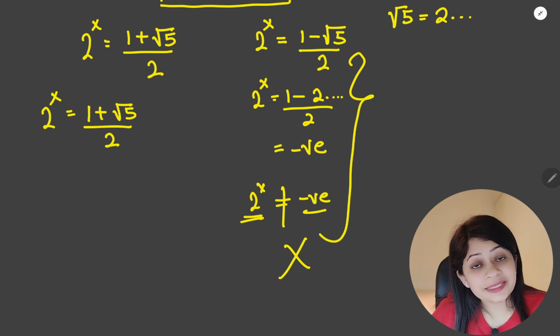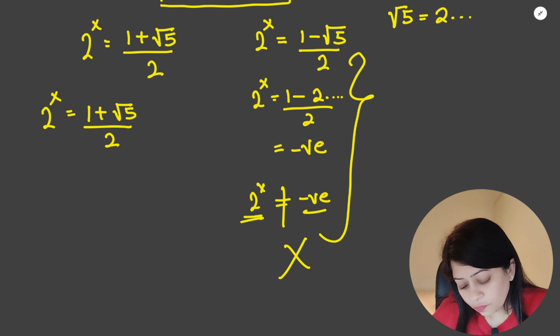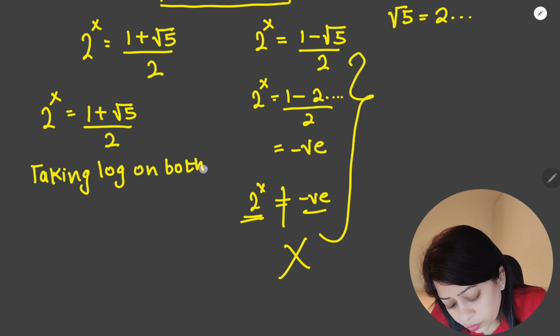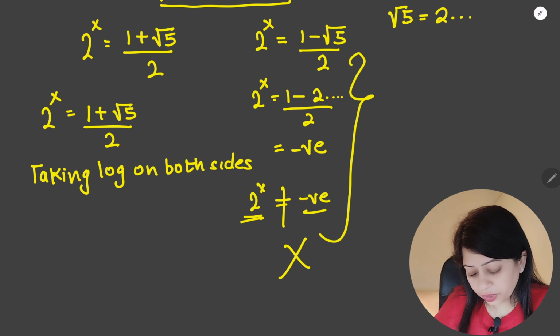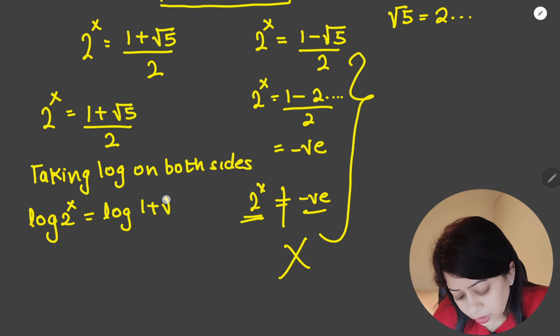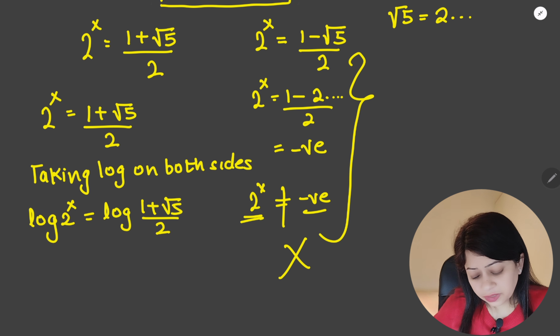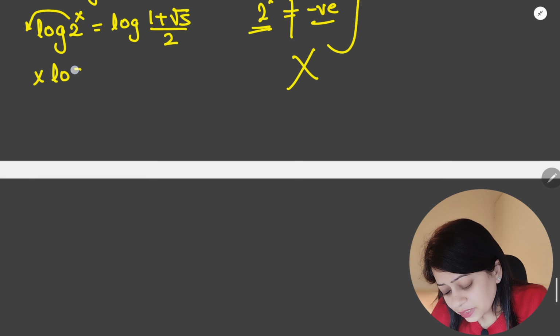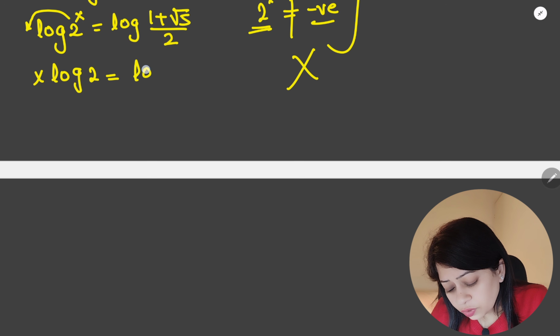How do we do these cases when we have x in power? We take log on both sides. Taking log on both sides, right? Okay, so we have log of 2 raised to power x is equal to log of 1 plus under root 5 by 2, right? And this x will come here, so it will become x log 2. x log 2 is equal to log of 1 plus under root 5 by 2.